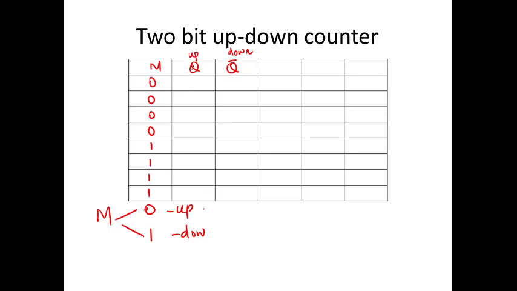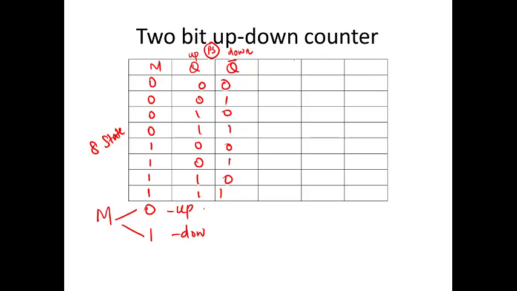So I am taking Q and Q bar of the previous states. The 3-bit combinations are 0 0 0, 0 0 1, 0 1 0, 0 1 1, 1 0 0, 1 0 1, 1 1 0, 1 1 1. So altogether you will have 8 states, from 0 to 7.